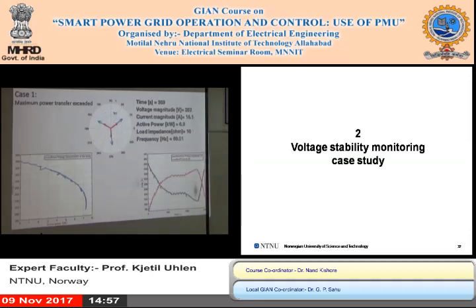Then he has a water heater, that is a load that he can adjust. And here you have a PMU, measuring voltage and current.